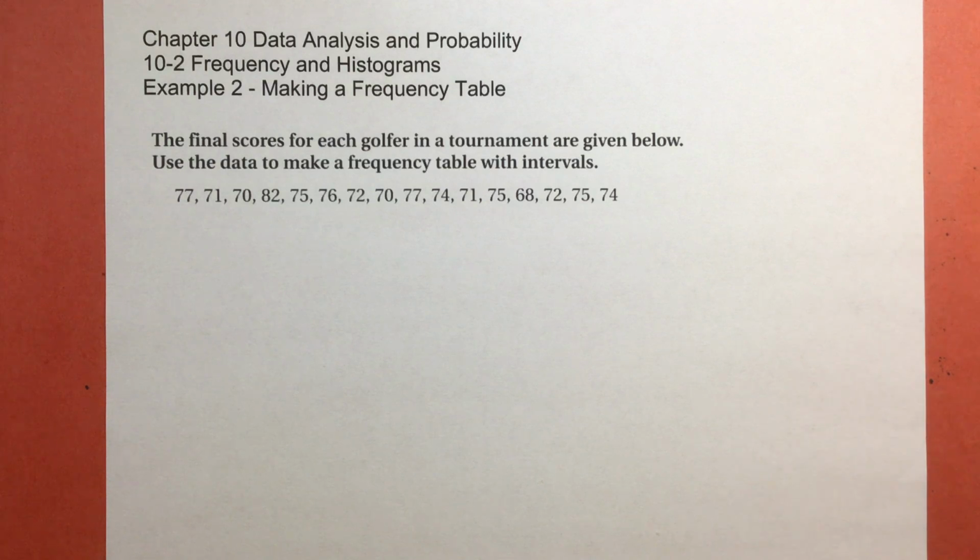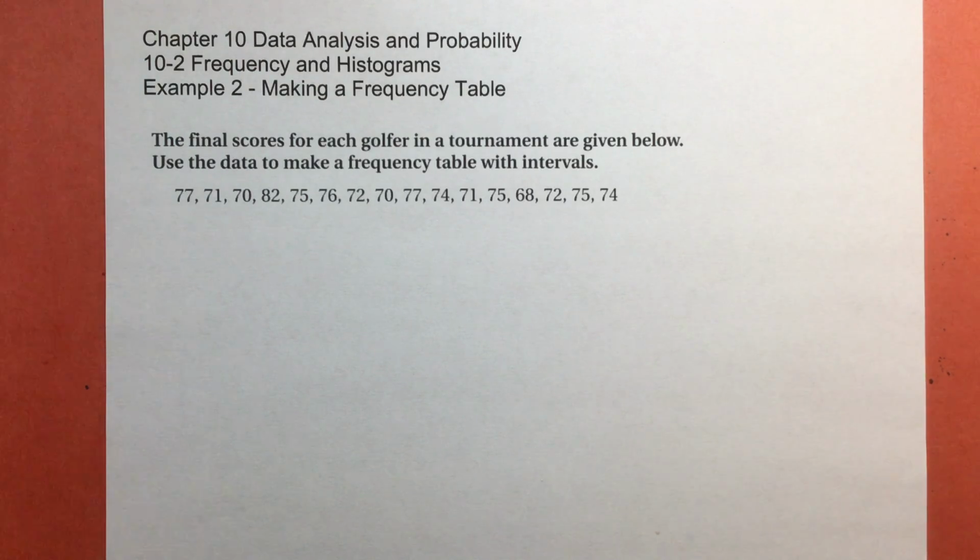So I could have numbers in groups of 4 or groups of 5 or groups of 6. Usually it doesn't matter how big those intervals are. What we want is to make sure that our intervals cover the entire data. So it's easier for me to show you than to explain it.